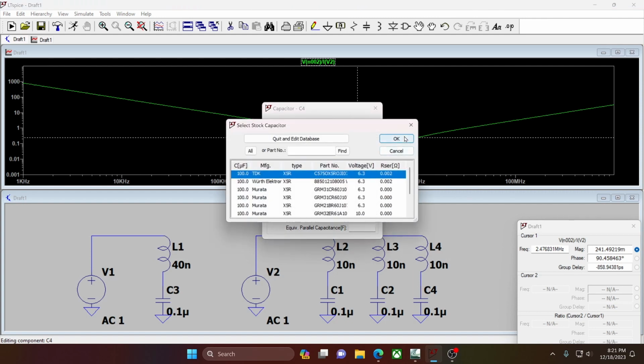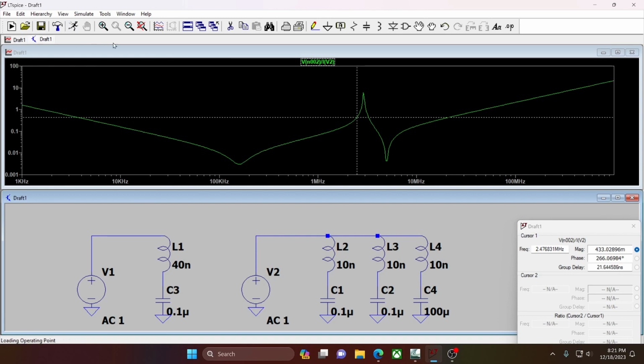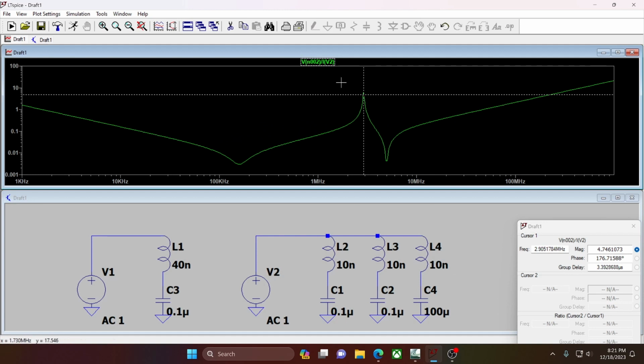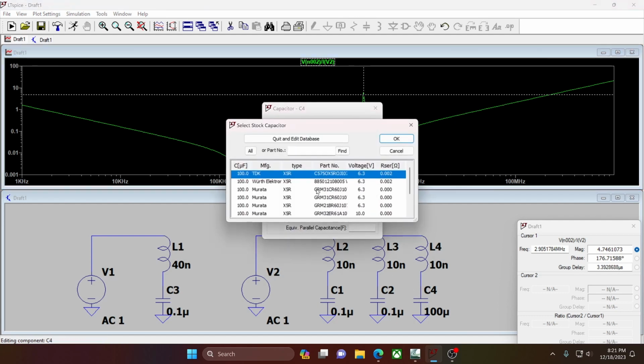Let's go ahead and do that. There we go, the resonant peak. This time it's huge. 4.75. Not acceptable. So here's how to fix that. This is what I wanted to show you.